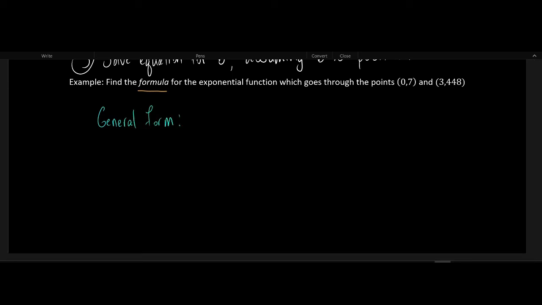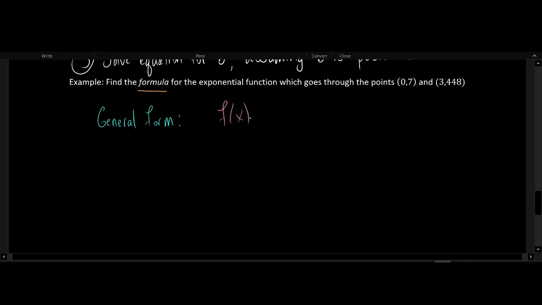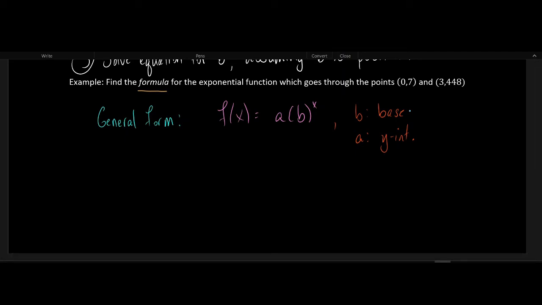The general form was f of x equals a b to the x. And let's remind ourselves that b was the base and a was the y-intercept. So all that we need to do is figure out the base and figure out the y-intercept, and then we can put those numbers into the general form and the problem will be done.